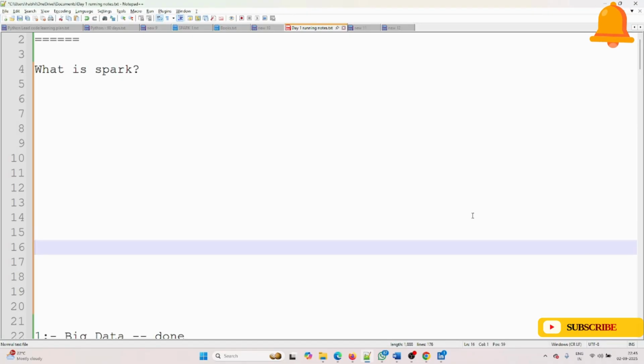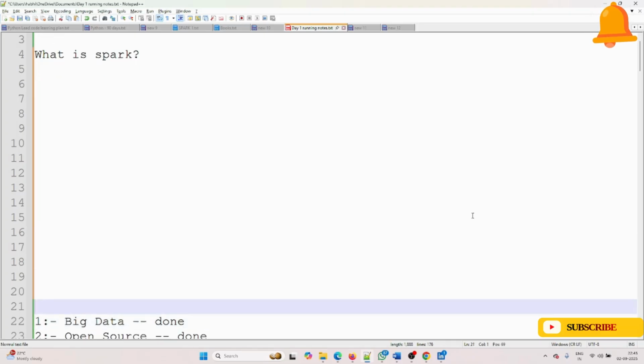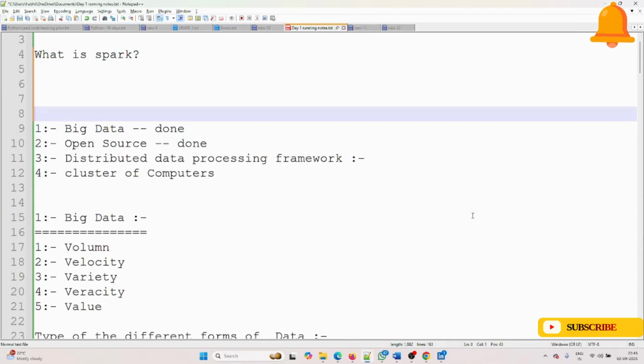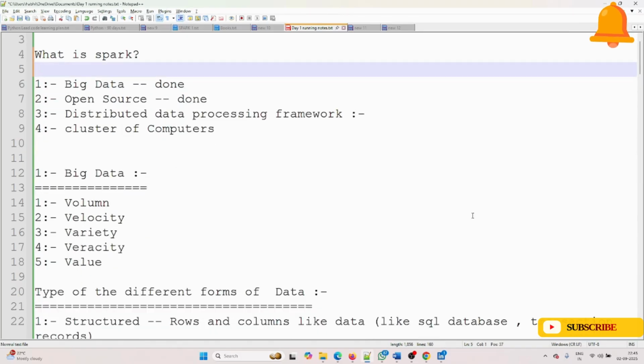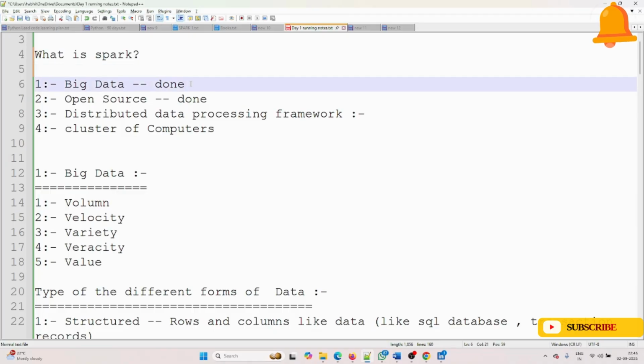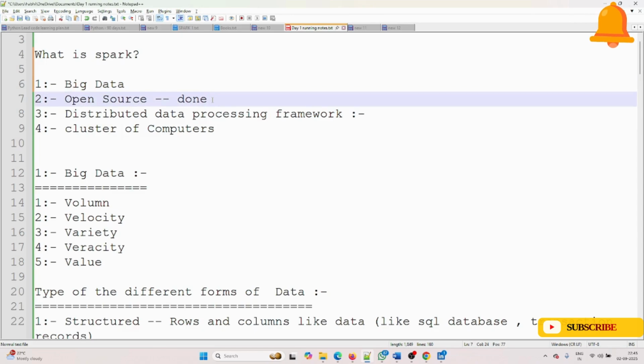I'm going to elaborate one by one on whatever points I have discussed. First point: what is big data? Big data refers to datasets that are too large, too fast, and too complex for traditional data processing tools to capture, store, manage, and analyze efficiently.